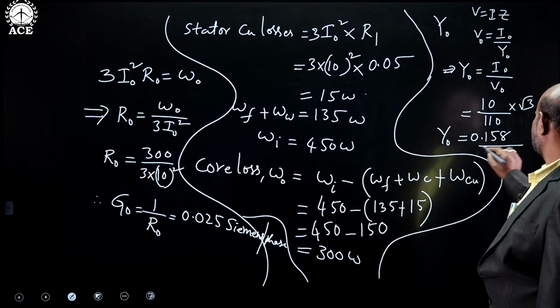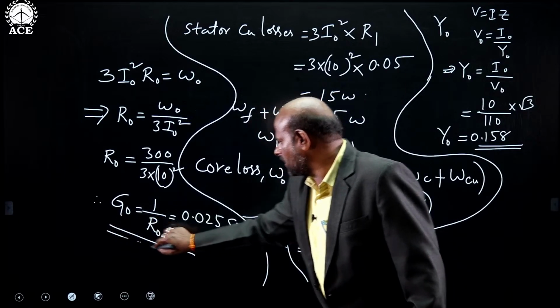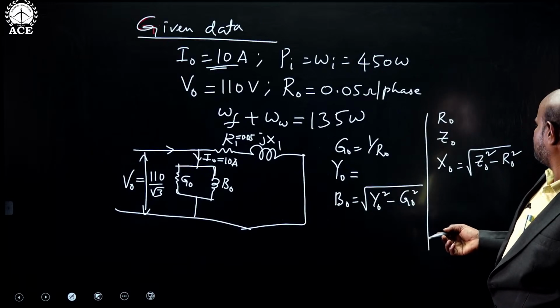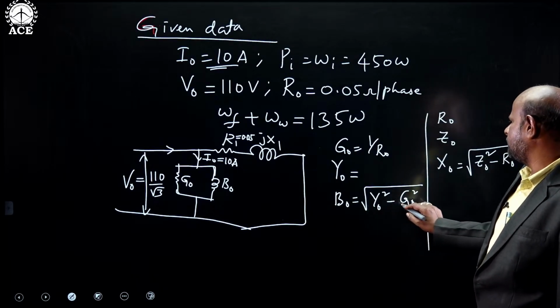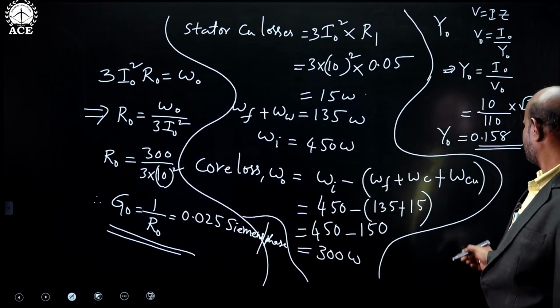This is Y naught. So if you know Y naught and G naught, we can calculate B naught by using, earlier we have discussed this formula. B naught equal to square root of Y naught square minus G naught square.